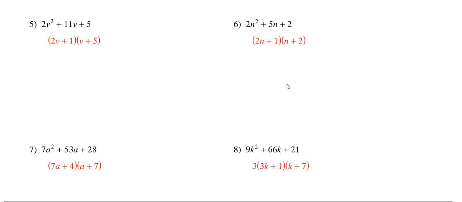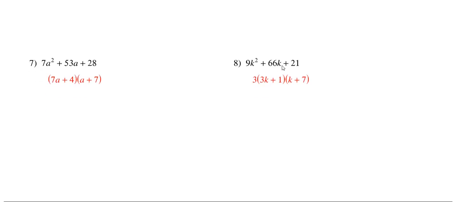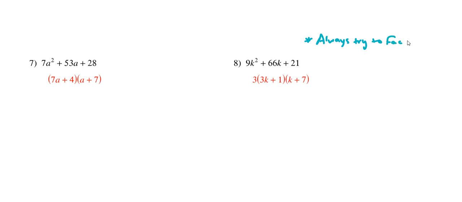So I just wanted to scroll through real quick here, and this is the one I wanted to talk about. The first thing you always want to do is factor out the greatest common factor, the GCF, first.